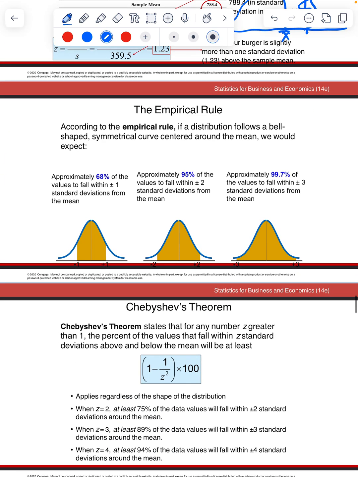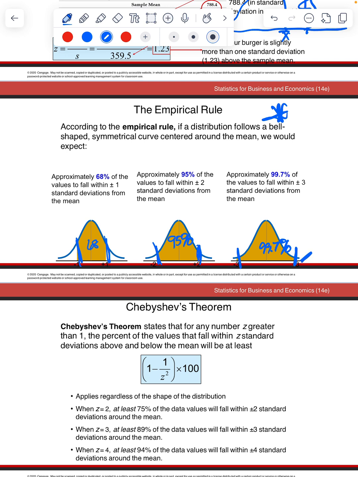If you're looking at the empirical rule, and you do need to learn this, the empirical rule states that 68% are going to fall within positive and negative 1 standard deviation of the mean. Here, 95% are going to fall within positive and negative 2 standard deviations, and 99.7% are going to fall within positive and negative 3 standard deviations of the mean.